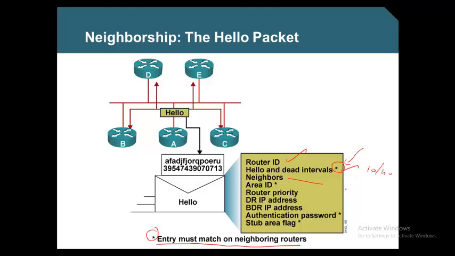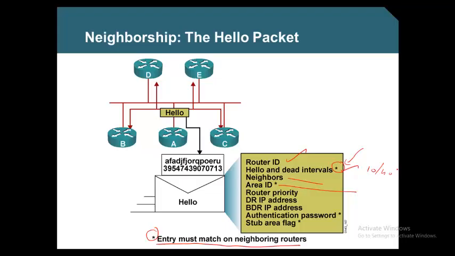Okay, the other things are like priority, router ID, DR IP address, BDR IP address, and then authentication, and then stub. All these are shared. What all should match? The timer should match, the area ID should match, the authentication should match, and the stub type should match.